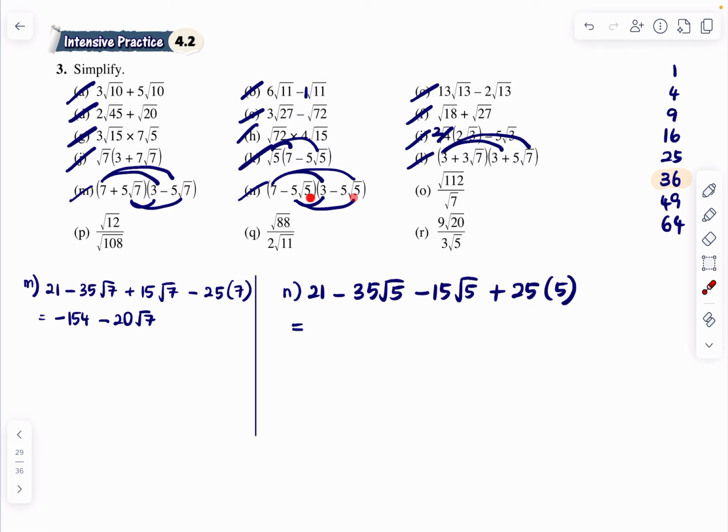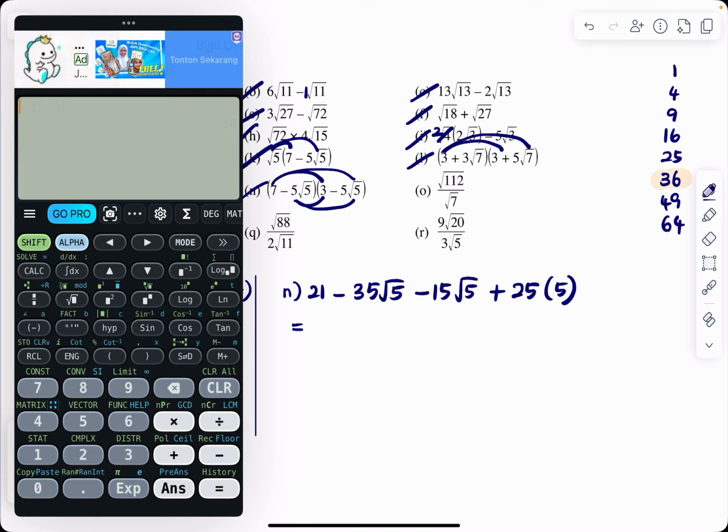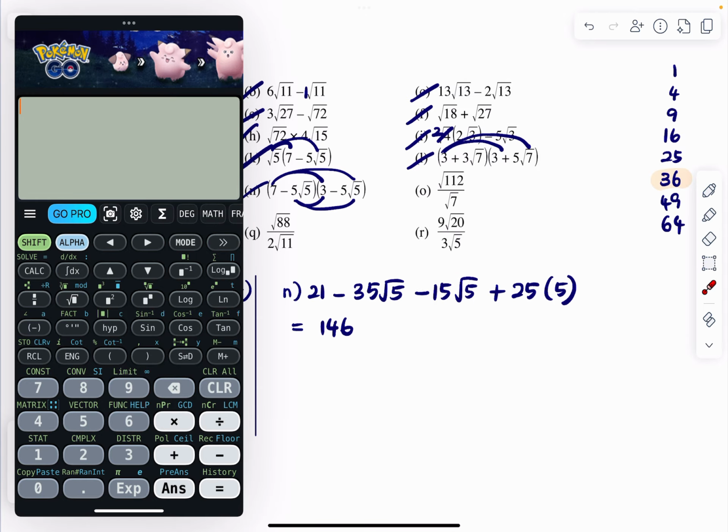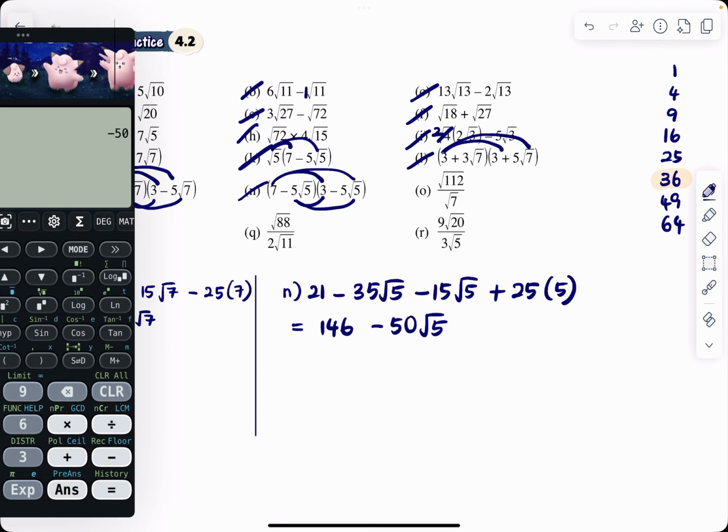Surd 5 is just 5. Then 21 plus 25 times 5, 146. Negative 35 oranges minus 15 oranges, we get negative 50 oranges. Done.